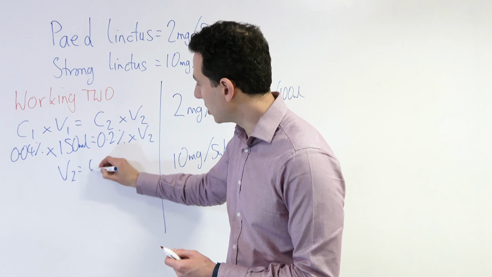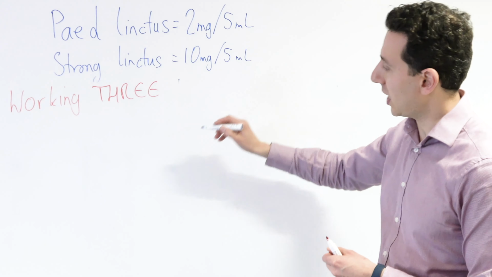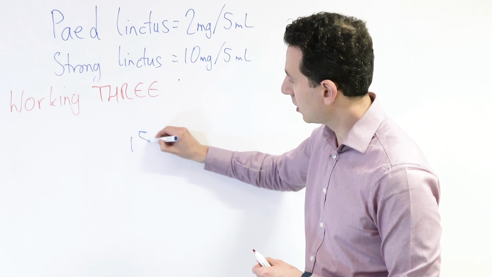A third way of working out this question is to try and look at the relationship between the strength of the paediatric product versus the strong product. So we can see that we need 150 mils of the paediatric. And the strength of the paediatric is 2 milligrams in 5 mil. The strength of the strong product is 10 milligrams in 5 mil.